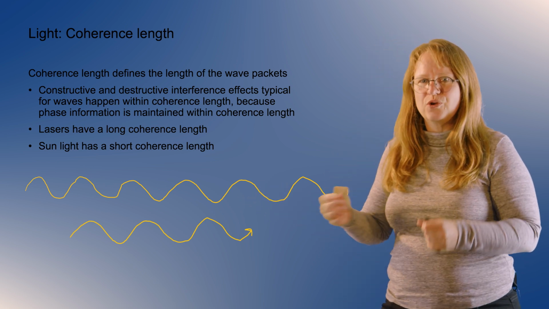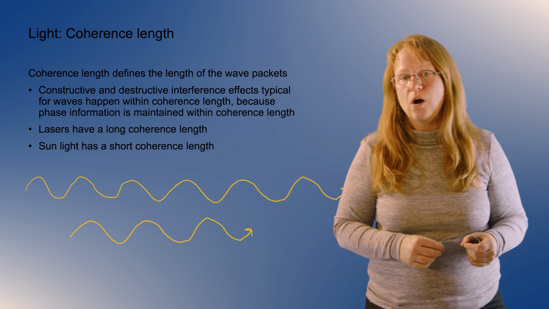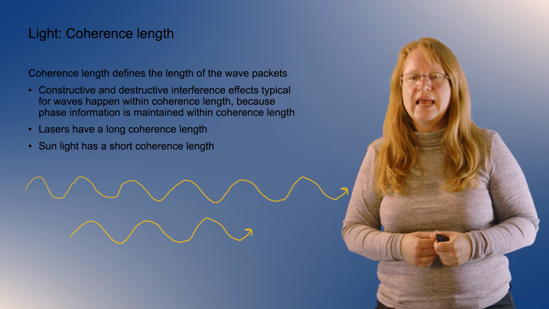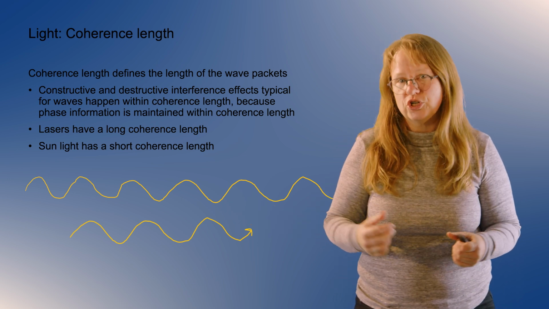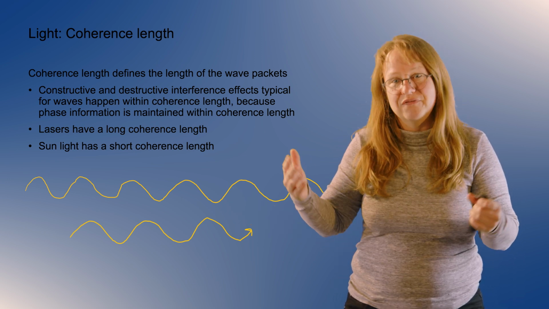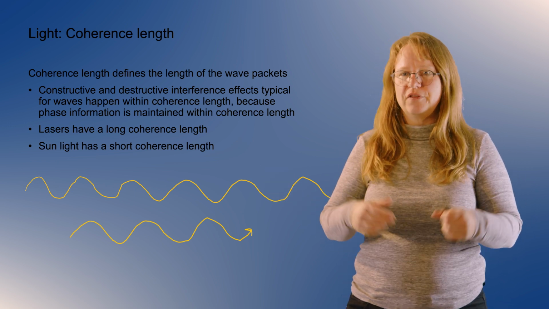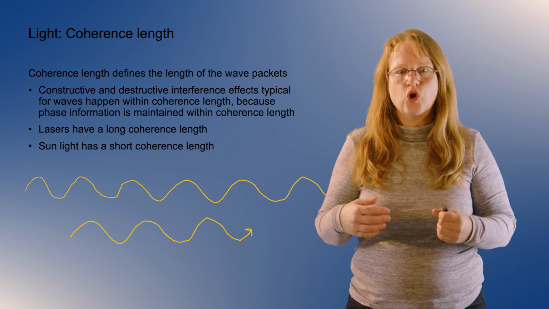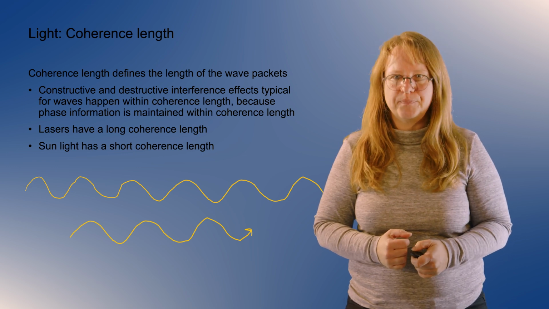For lasers, because the wave trains are so long, you get interference effects even for very long distances, as these coherence lengths might be in the range up to kilometers or even longer. So we have very long coherence lengths in lasers, but for what we are discussing here, sunlight, we typically have short coherence lengths to consider in our device design.